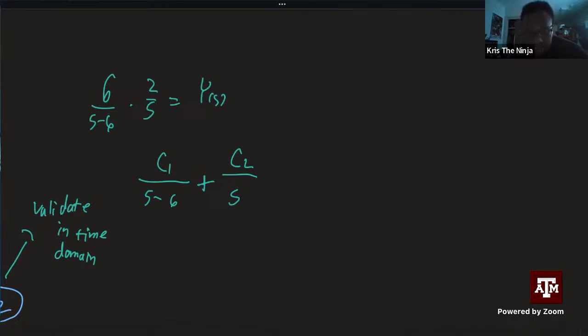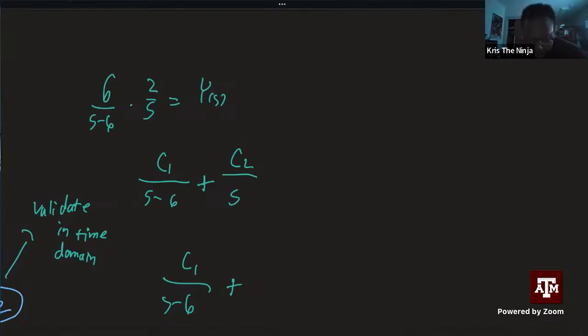Oh, that's right, this is the cover-up method. I'm reminding y'all of the cover-up method. I almost forgot how to do it myself. So we multiply by S minus 6 all the way around.